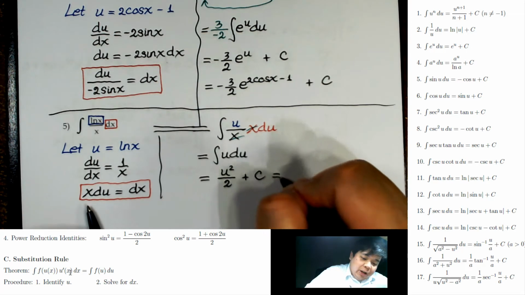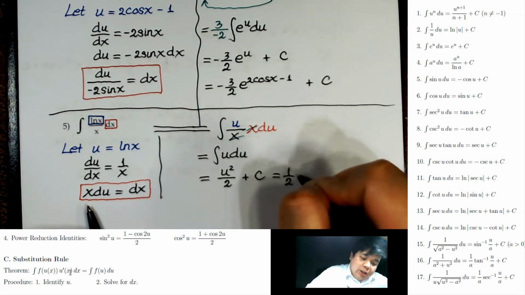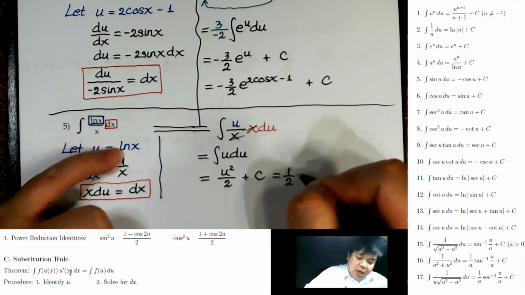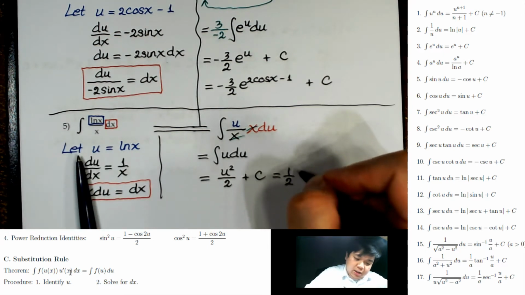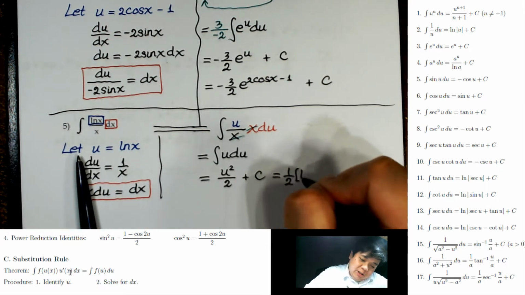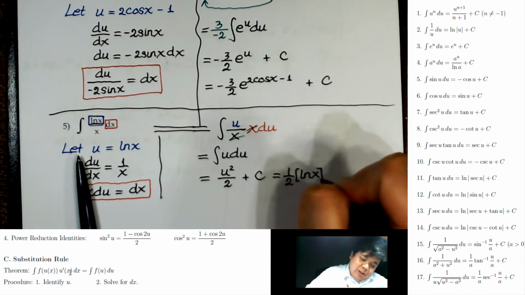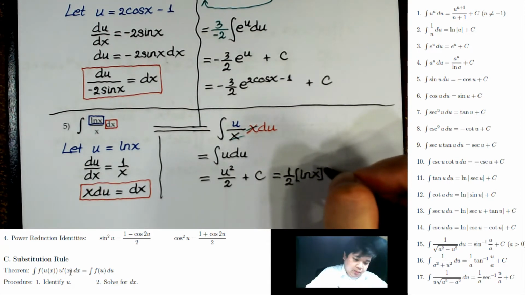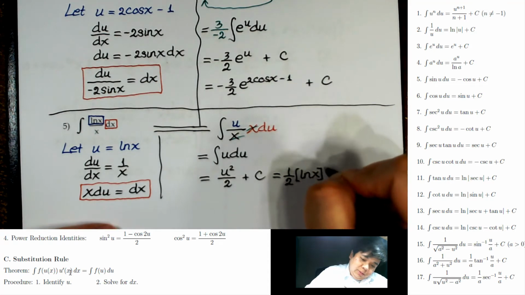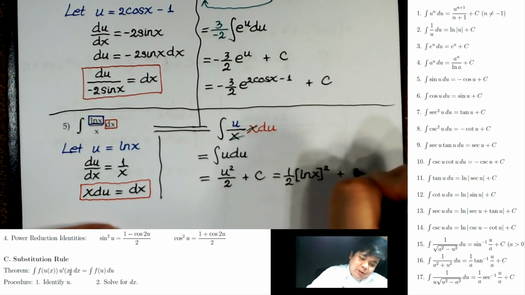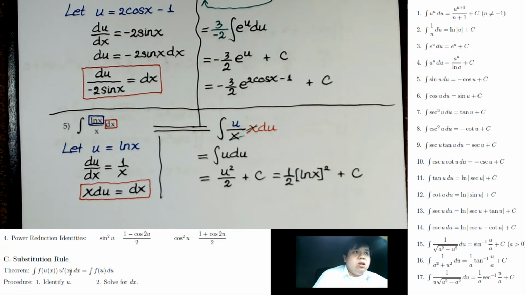Or we have 1 over 2 u squared. u is ln of x. Right. So this is the solution using the substitution.